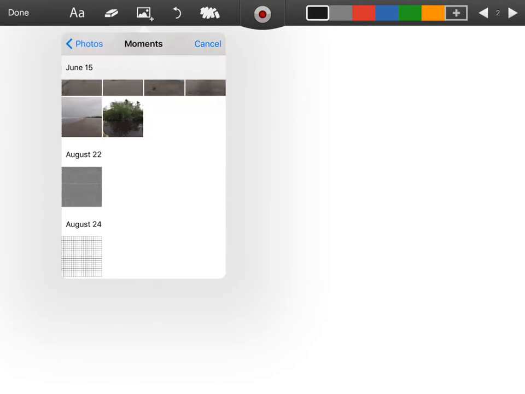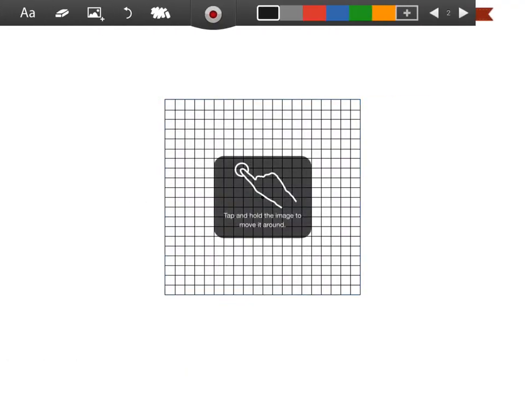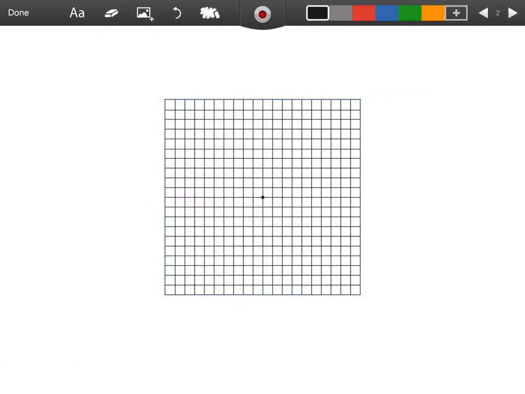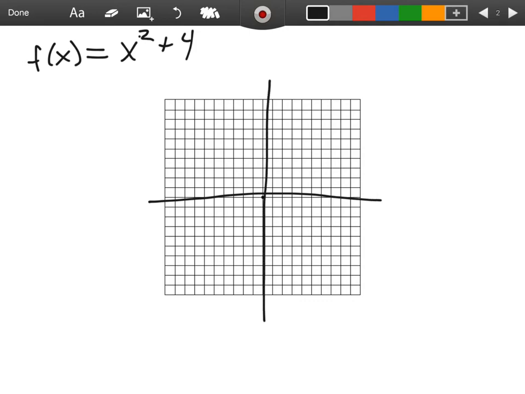let me pull up a graph here. Okay? So let's say I have f of x is x squared plus 4. So our parent function looks kind of like that. So if I move up 4 units, it's going to look like that.